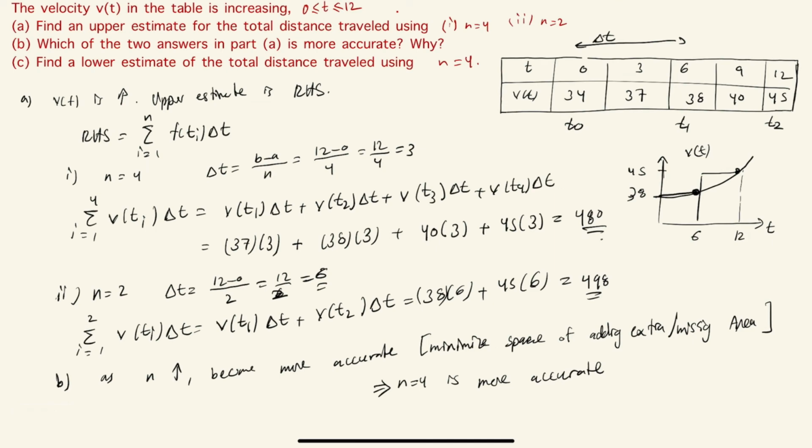Part C, find a lower estimate for the total distance using n equal to 4. So again, lower estimate, and we want it for n equal to 4. The lower estimate in this case, since the function is increasing, is going to be the left-hand sum.